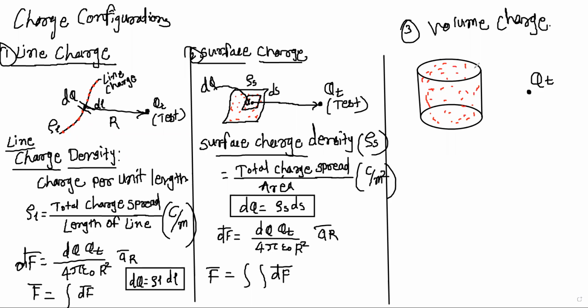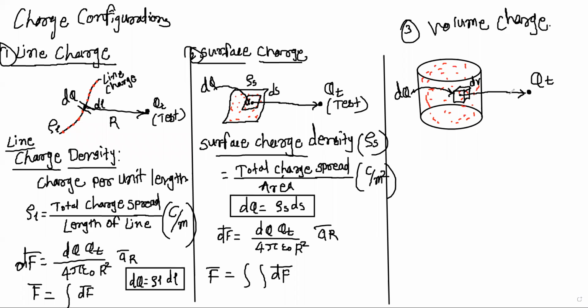Right, so in that case what you can do is you can select a small volume of that cylinder, right? So we will call it as dv. This dv can be treated as dq, means small point charge, and find out the force because of this dv or dq, right?